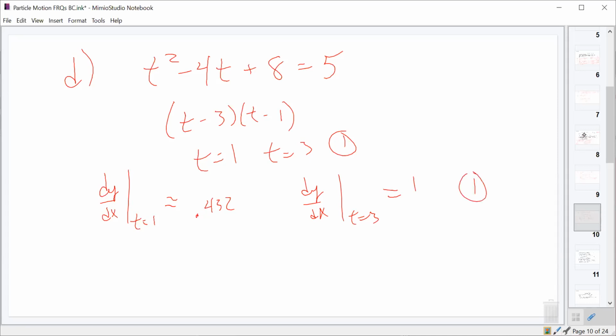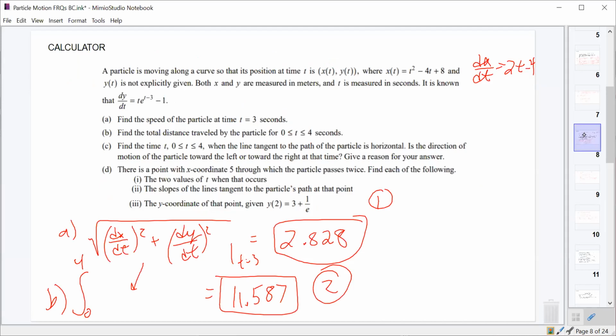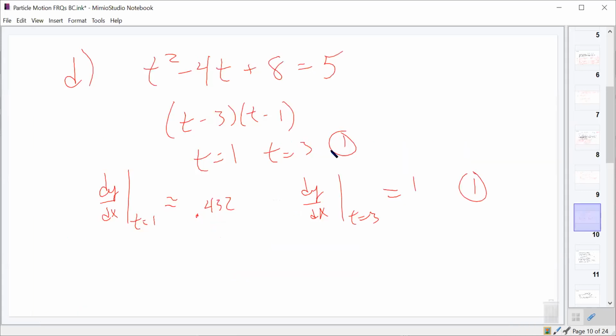And then the third piece of it says the y-coordinate at that point, given y of 2 is equal to 3 plus 1 over e. So we want to find the y-coordinate of the point when x is 5, which happened at t equals 1 and t equals 3. So how are we going to do that? We're going to need to integrate.